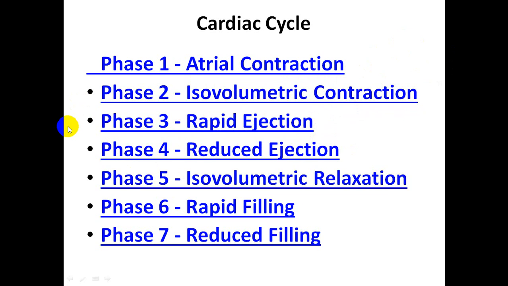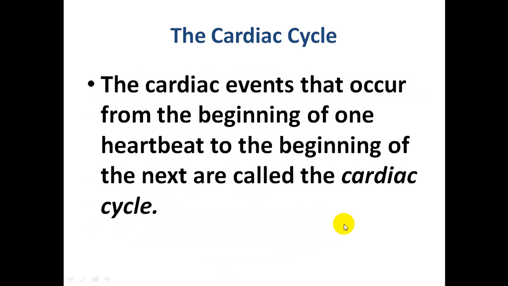Isovolumetric or isovolumic relaxation is a period at the end of systole, and then at the end of diastole comes the rapid filling and the reduced filling of the ventricle. These are 7 phases; there is no need to remember the numbers, only the phases of the cardiac cycle.